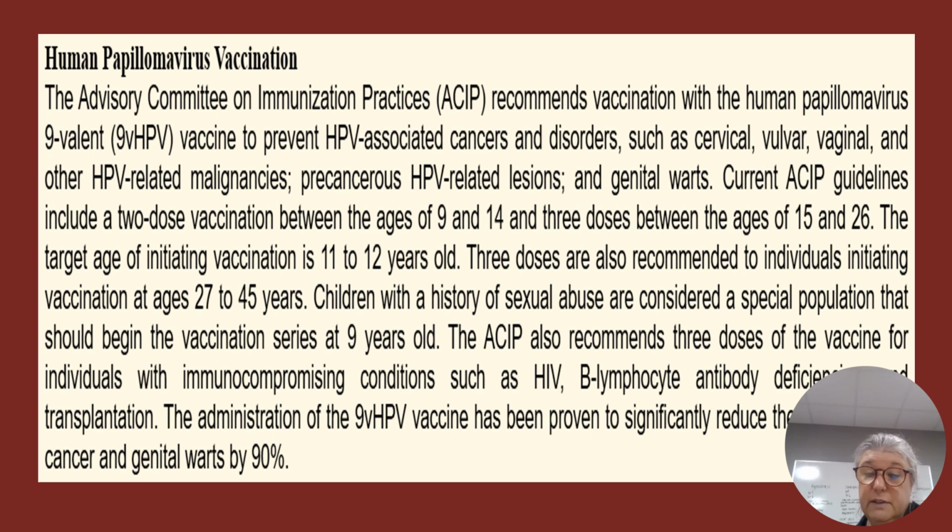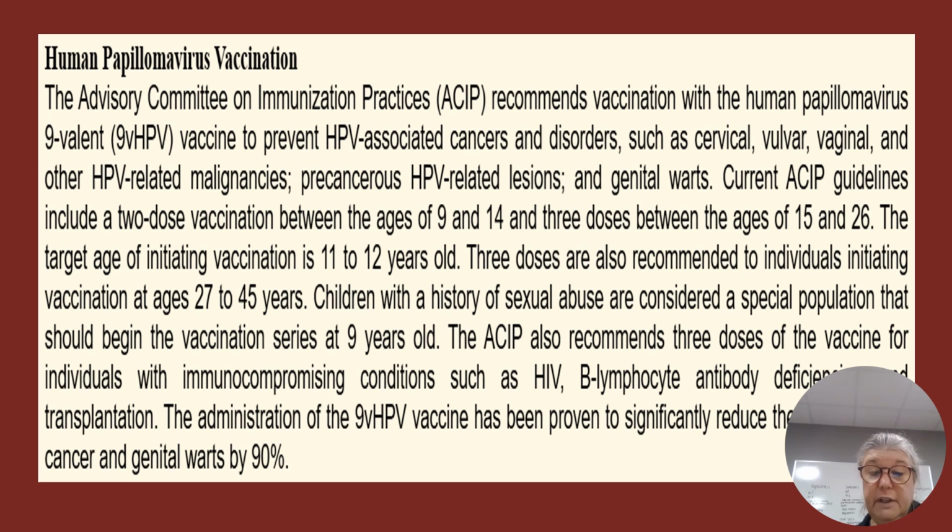Basically, we want to give this HPV vaccine before kids become sexually active, because once you become sexually active, you have likely been exposed to HPV. So initiate the vaccine between 11 to 12 years old.